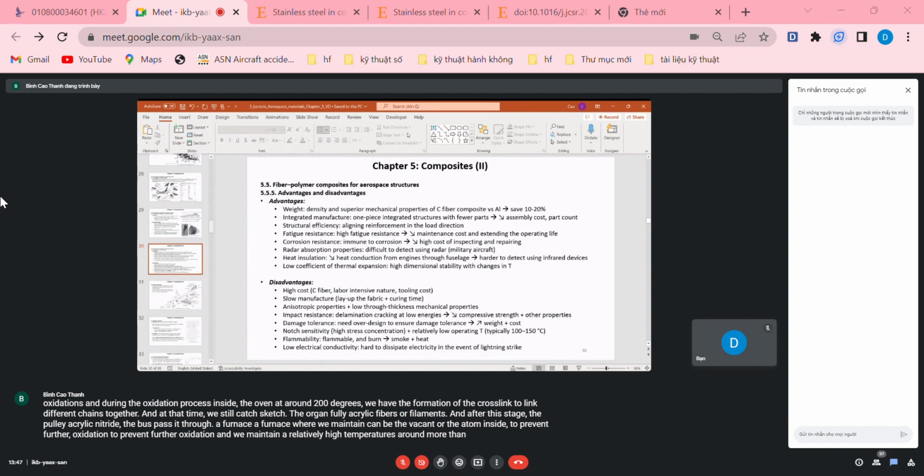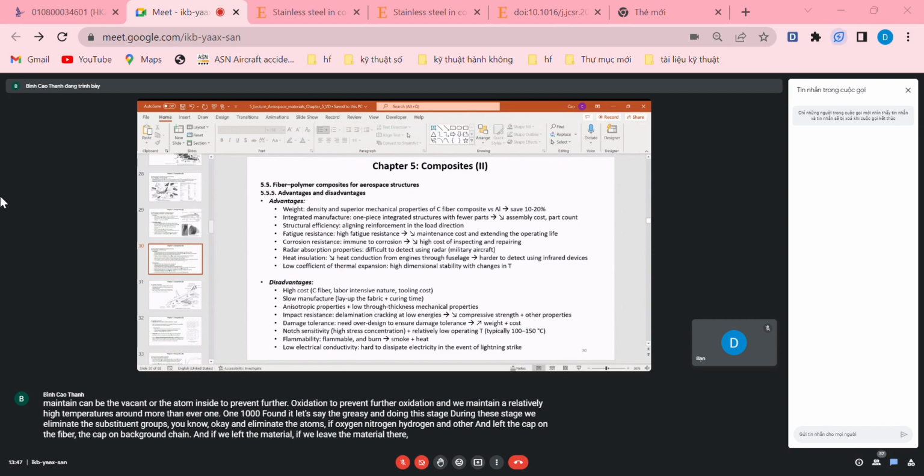And we maintain relatively high temperatures of more than around 1,500, let's say, degrees C. And during this stage, we eliminate the substituent groups, and eliminate the atoms of oxygen, nitrogen, hydrogen, and others, and leave the carbon fiber, the carbon backbone chain.